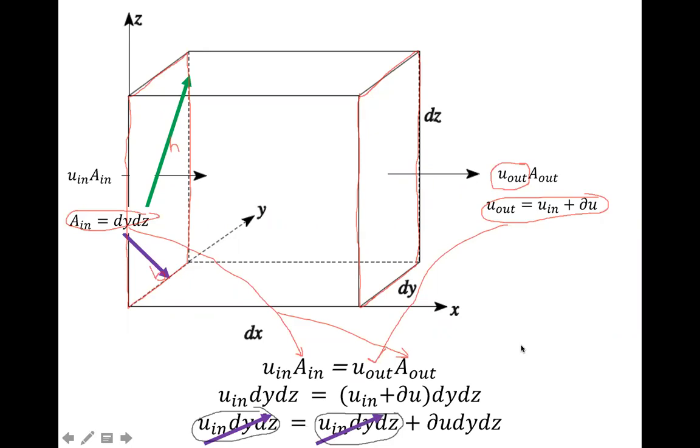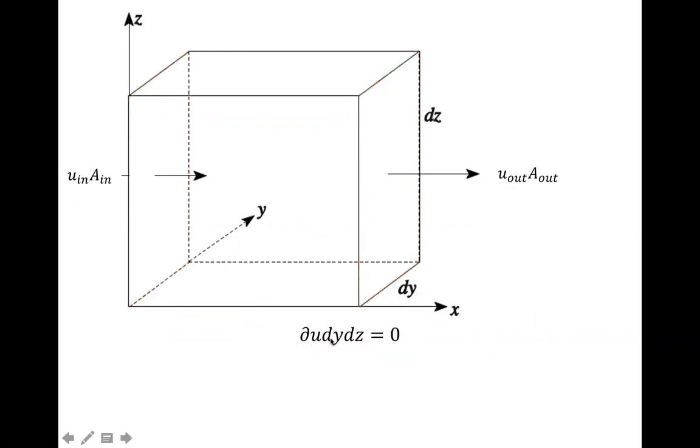And now what I'm left with is simply delta u dy dz, and that, of course, will just be equal to 0. Now, in order to think about how to quantify this, what I can do is divide by dx, so that will give me du/dx, and multiply by dx.